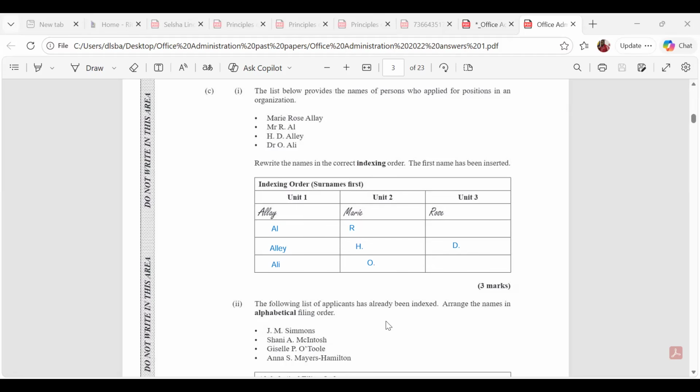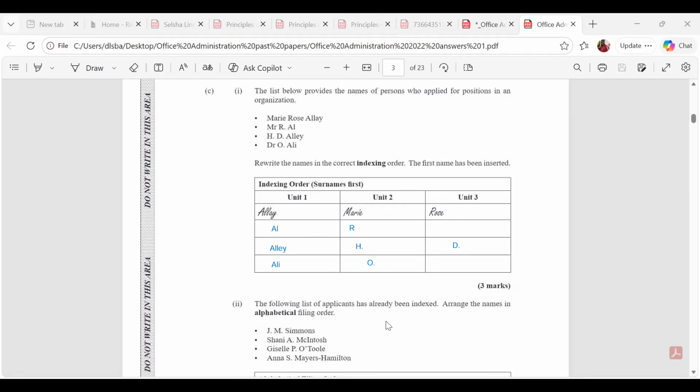So Myers-Hamilton will be the surname. You treat it as one name, Myers-Hamilton. Then you put the first name, Anna. Then the middle name, S.